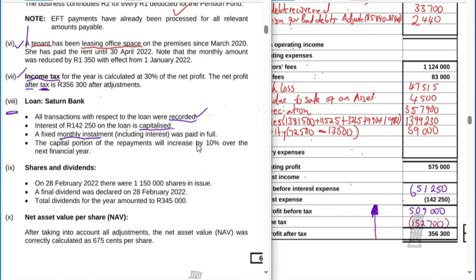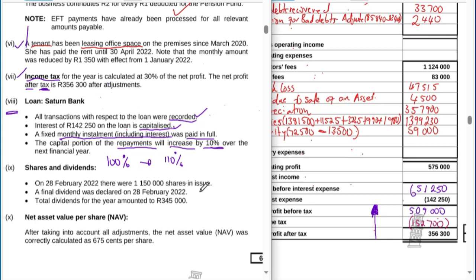And then the company portion of the repayments will increase by 10% over the next financial year, meaning all our repayments will need to increase by 10%. We are no longer going to pay 100%, but we are now going to pay 110% because there's an increase.